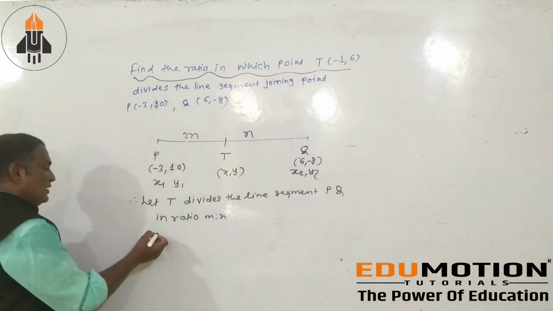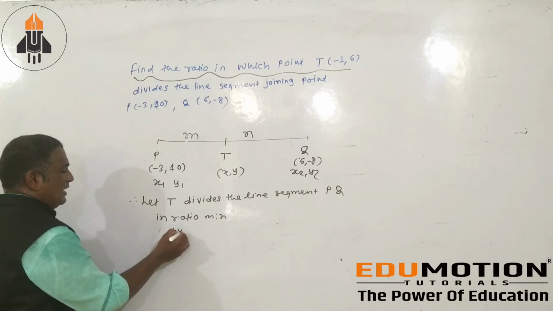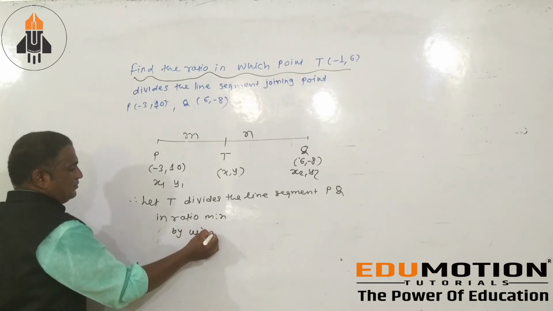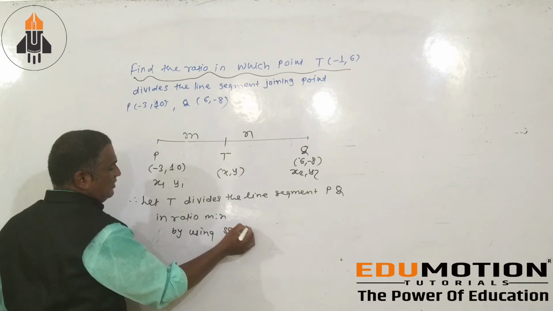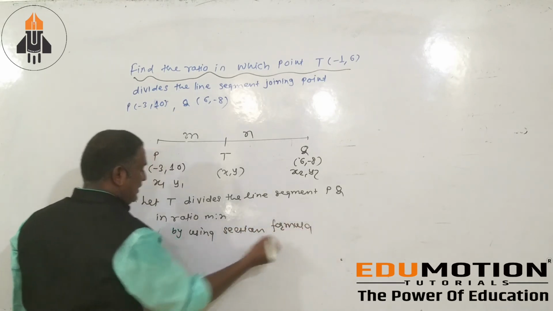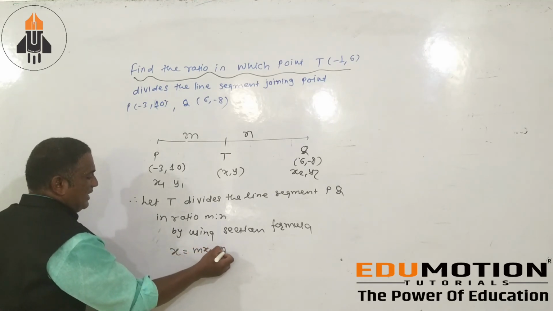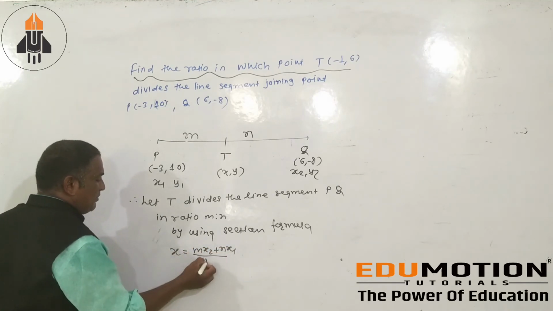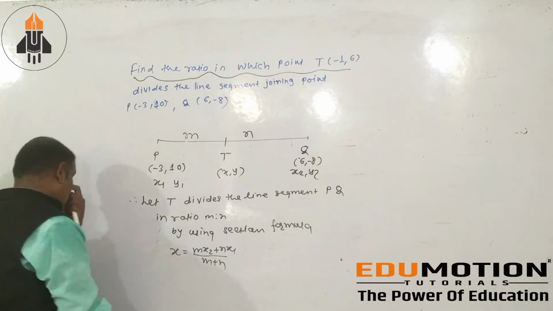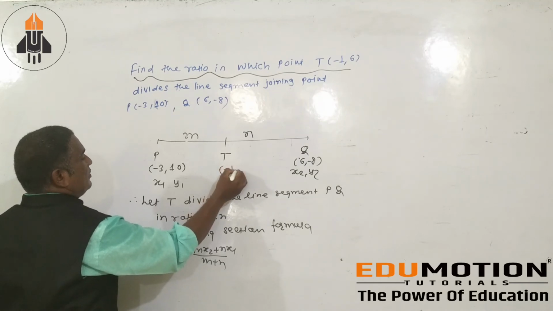Then what is the coordinate of this? By using section formula, we write x equals to mx2 plus nx1 divided by m plus n. Then tell me, the point is -1, 6.